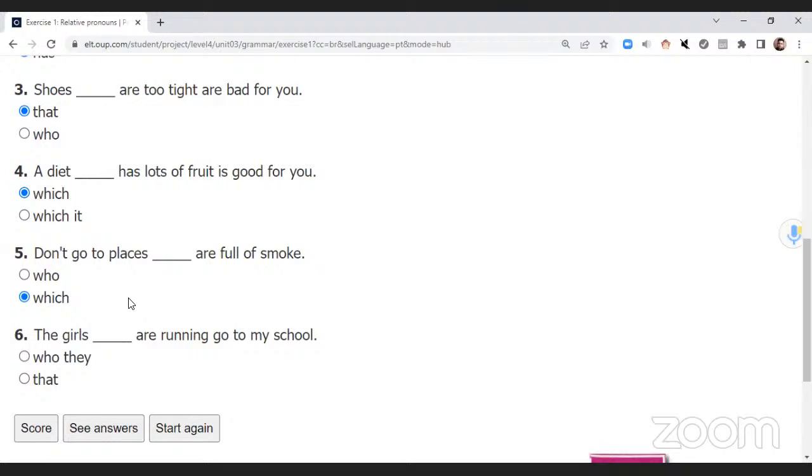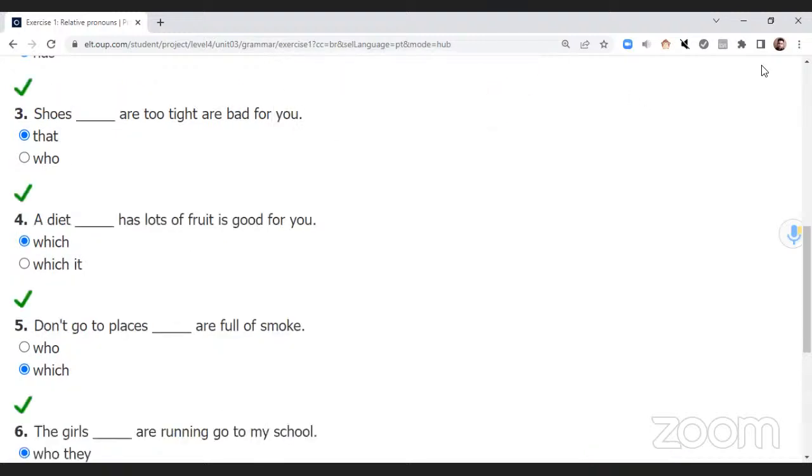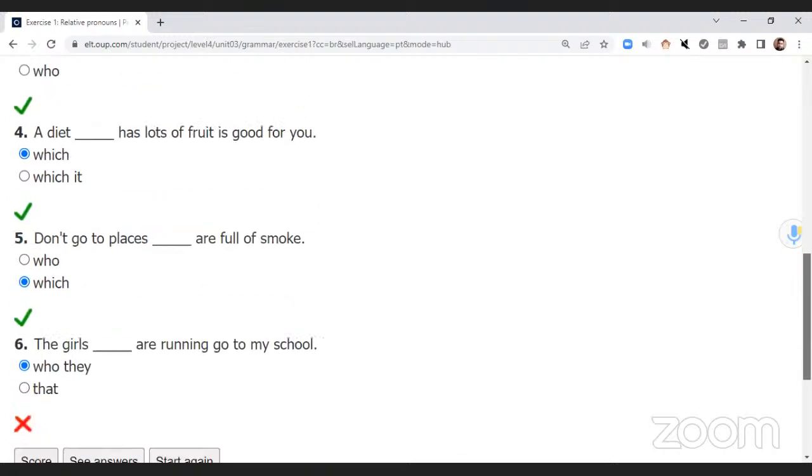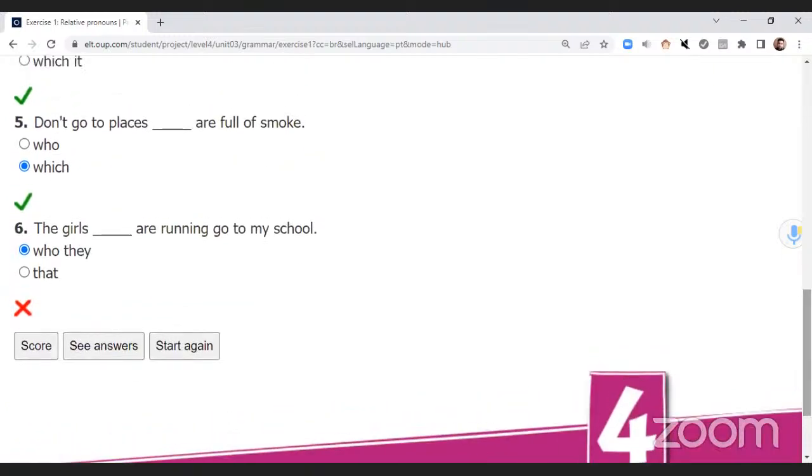And the girls who they are running go to my school. Who they? Okay. Let's check. The last one, right? That. Now everything's okay.